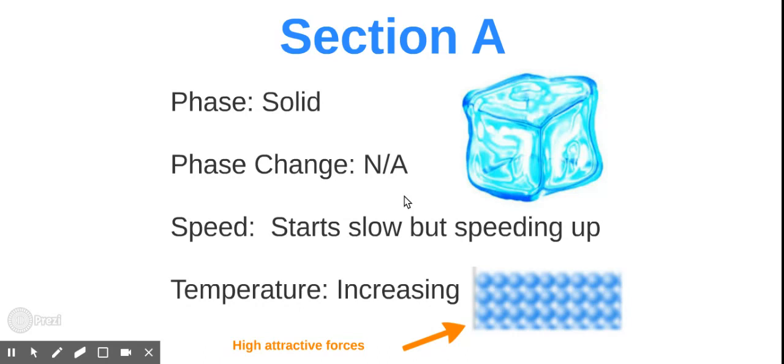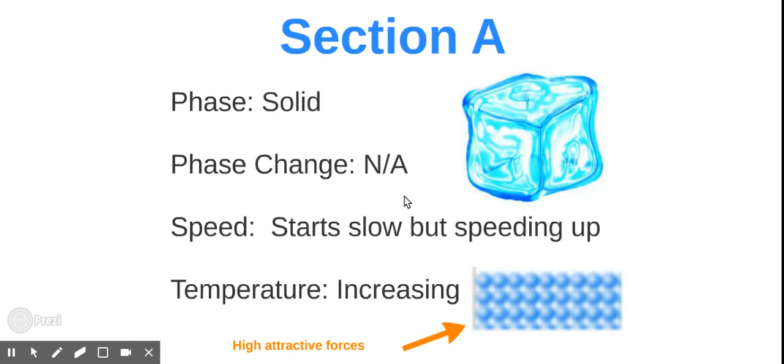So let's just say we got this ice from a deep freezer, which is below zero, and we put it on the hot plate. At that time, it does start to increase temperature. During that time, the molecules will start slow. So they are moving, but they're moving extremely slow, and they're speeding up as we increase the temperature.